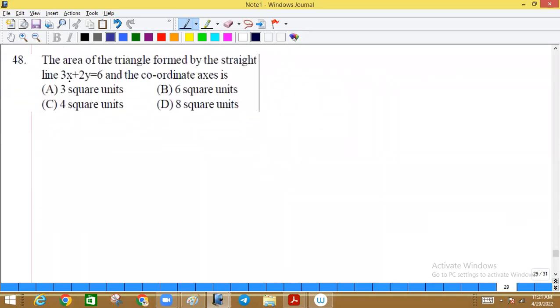The area of the triangle formed by the straight line 3x plus 2y is equal to 6 and the coordinate axes is, you remember it is c square by 2ab. What is a? B. C is negative 6.